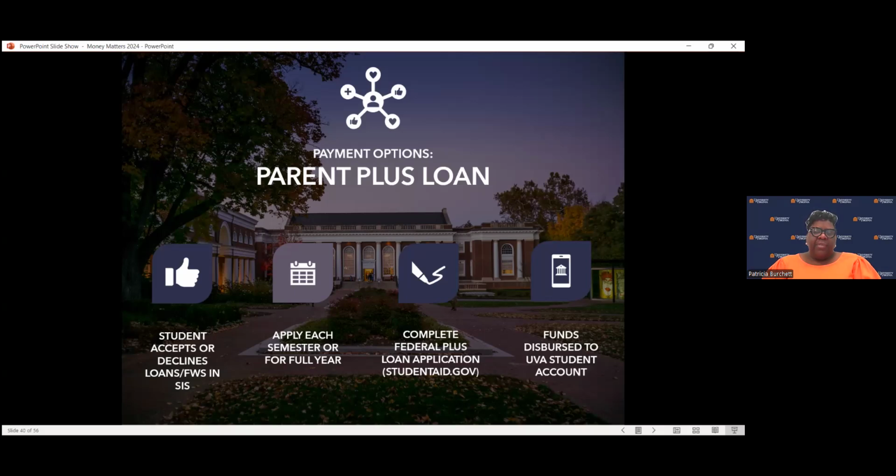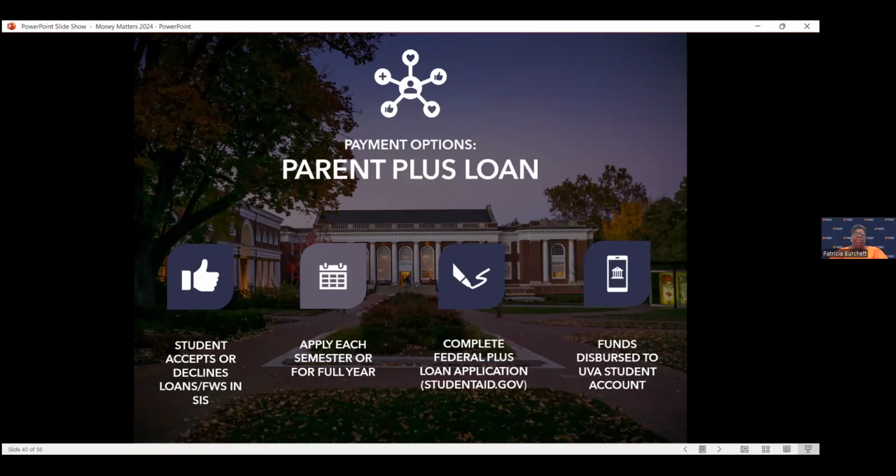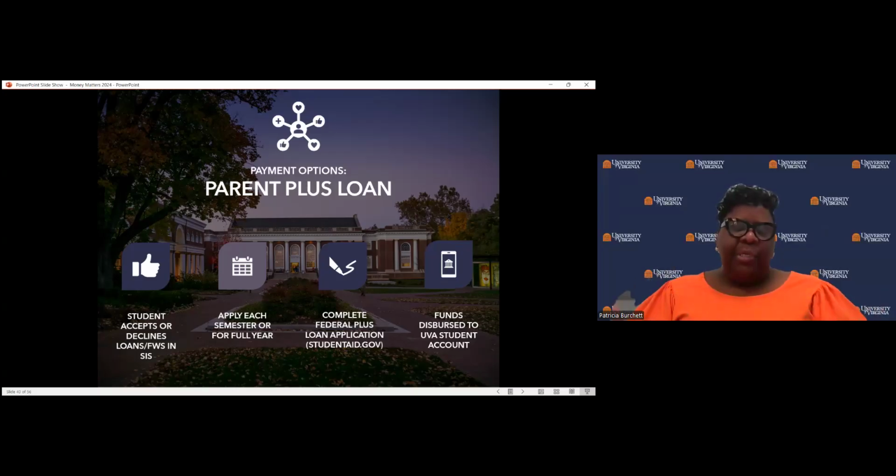And so with the Parent Plus loan, you can apply for it for a whole academic term or for the full year. Say you just want to apply for the fall term only, you can do that, or you can apply for the whole fall and spring term. Keep in mind that your credit will be pulled for whichever situation you choose.